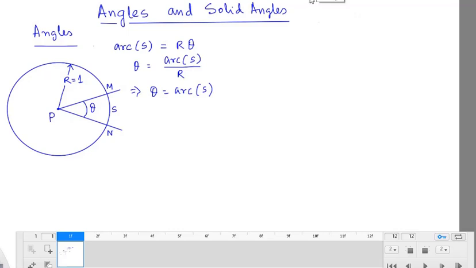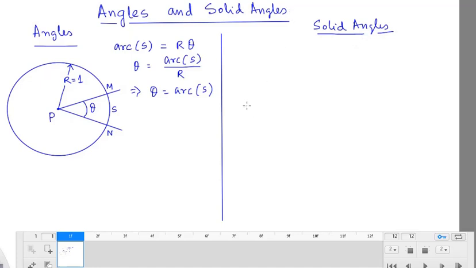Now if we go to solid angles in the same flavor, what shall we do? Let's go to solid angles. What is a solid angle? First we need to know that.